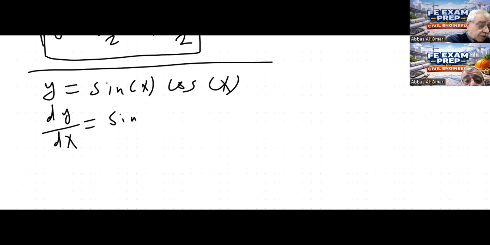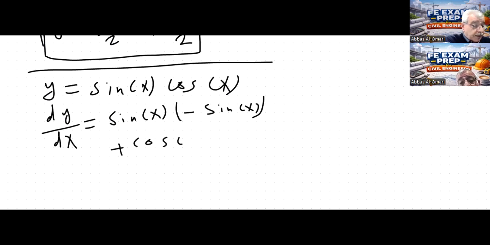So the first function is sine x, multiplied by the derivative of the second function, cosine x. The derivative of the cosine is minus sine x. Now, plus the second function, cosine x, multiplied by the derivative of the first function, which is the derivative of the sine, which is cosine x.